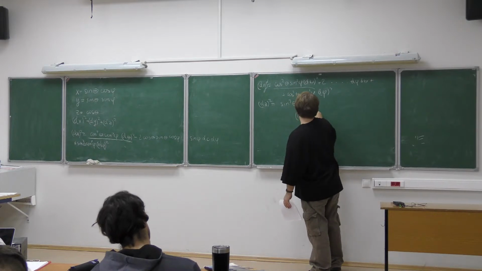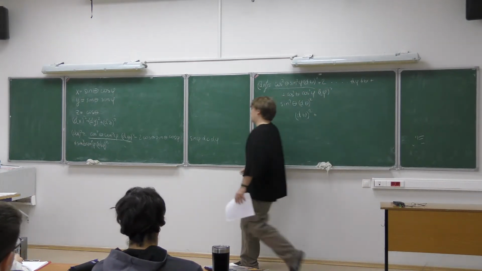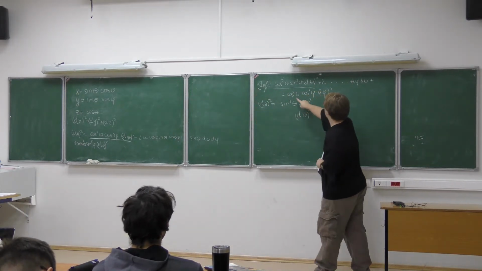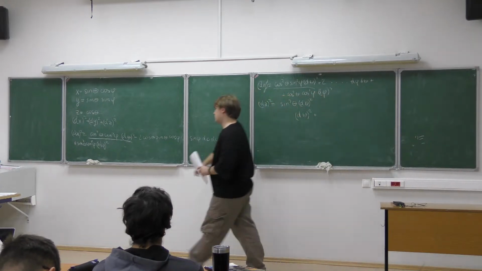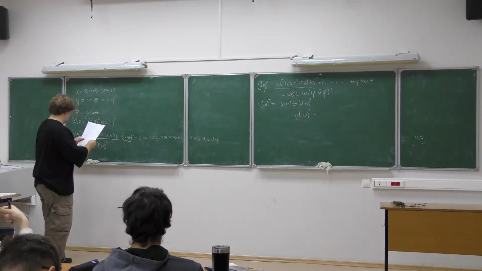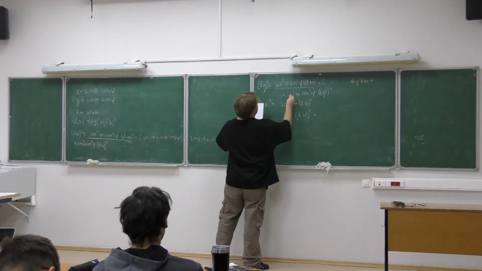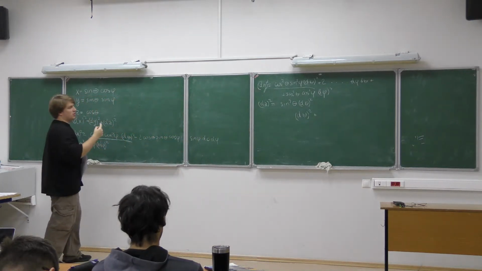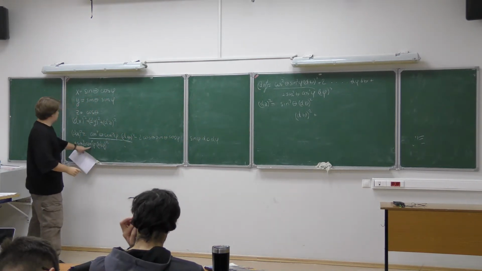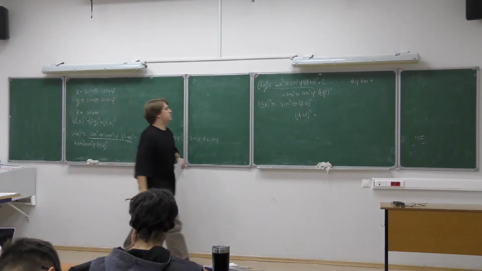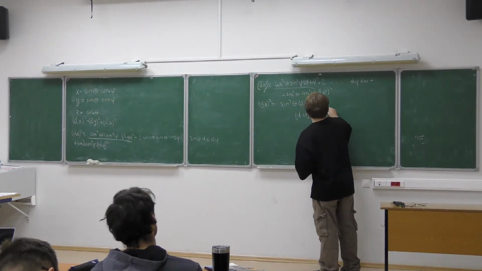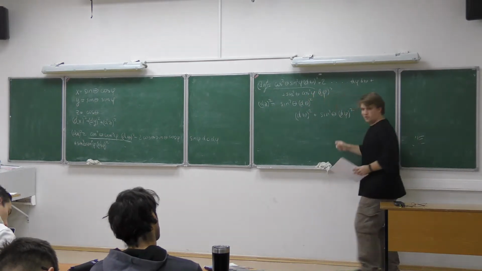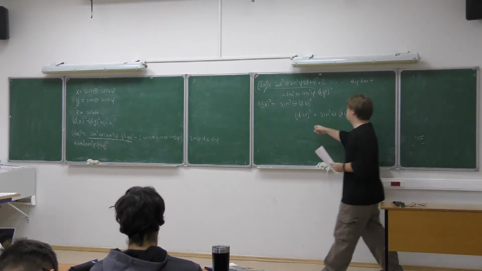And here we have sine square of theta, but it should not be cosine, it should be sine, of course. We only need to change the function with phi. So sine square plus cosine square of phi is just 1, so the answer is this. We actually don't have cross terms with theta and phi.